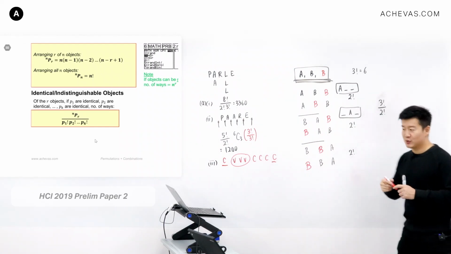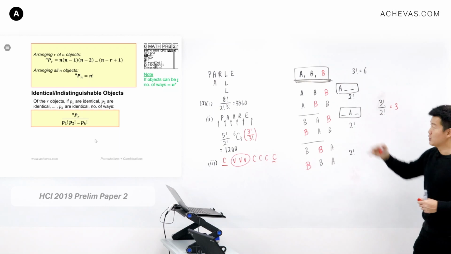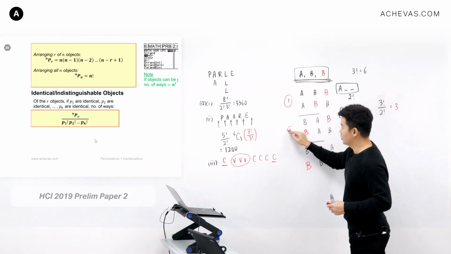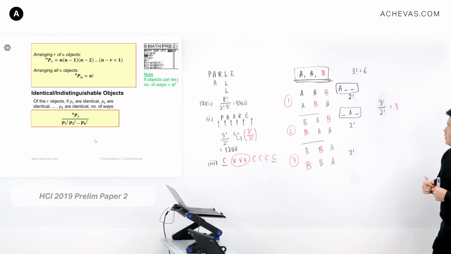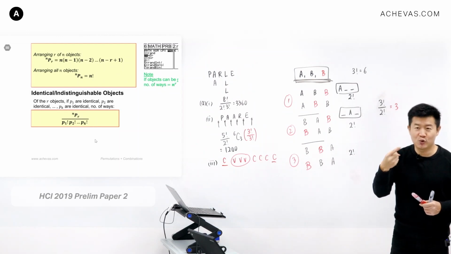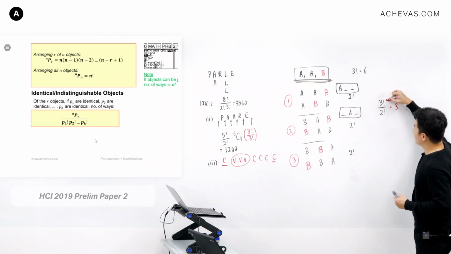But now I want you to see something else. By the way, 3 factorial divided by 2 factorial is going to give me 3, which is true, because there's supposed to be 1 way of arranging, 2 ways of arranging, and the 3rd way of arranging. But other than this 2 factorial, which we are so used to looking at, I want you to know what this 3 factorial is about.